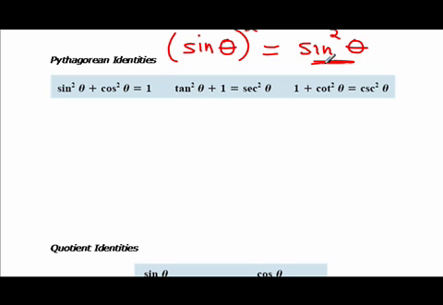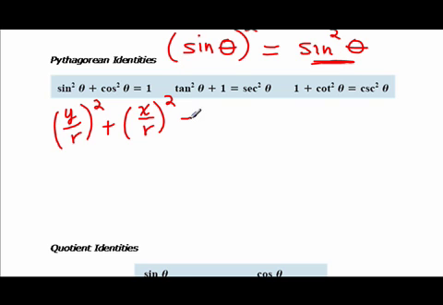We know that sine is y over r. So think of that y over r, squared. And cosine squared is x over r, we're going to square that, and somehow this has to equal 1. Is that a true statement or not?